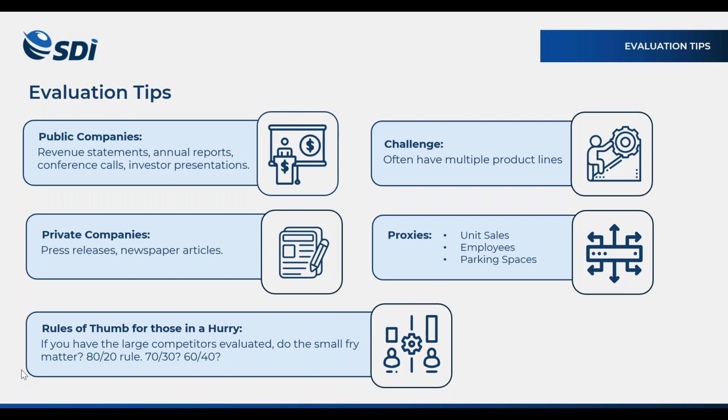And you can use some sort of rule like 80-20 or 70-30 to say that if the top 10 companies make up 70% of the market, then all the rest of the small fry make up another 30%. I just know that many times it can and does take forever to evaluate all of the individual companies that compete in the market. So if you're rushed for time or only need a back of the envelope calculation, this is one way to reduce the overall scale of the effort.